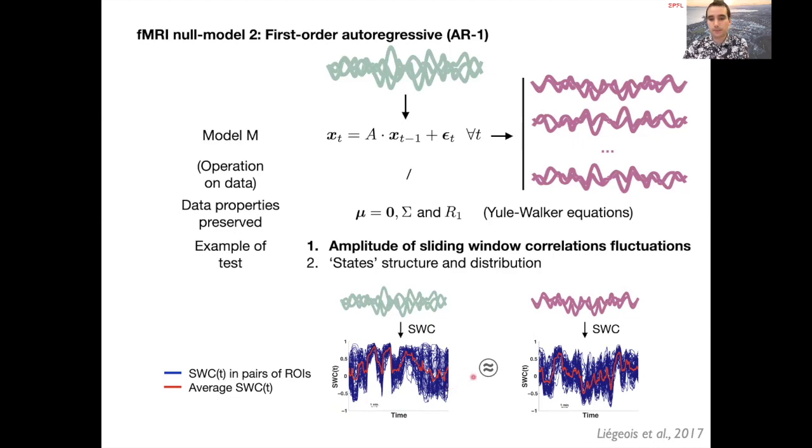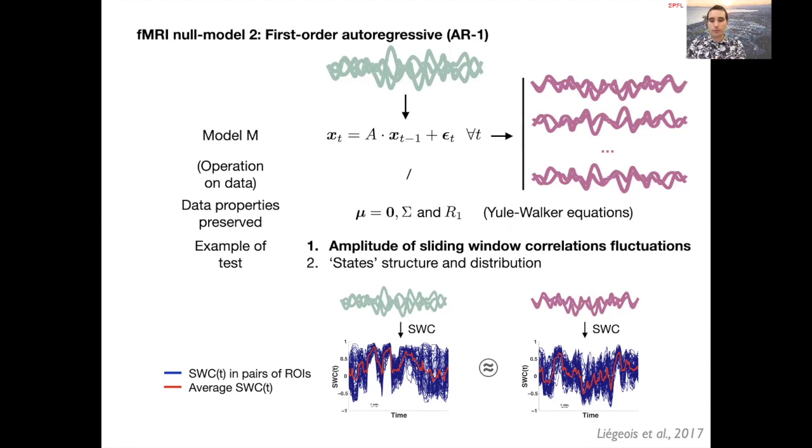And this is what you get if you compute the same metric in surrogate data. In this case, what we showed in our 2017 paper is that it's much harder to reject, at least based on that metric, the first order autoregressive null, meaning that accounting for this R1 information actually allows us to capture a lot of the information included in fMRI time series.